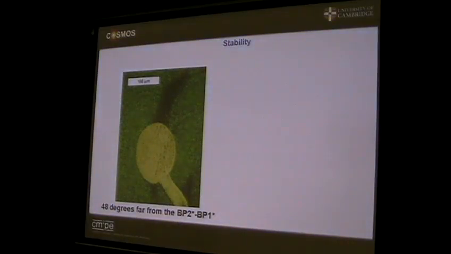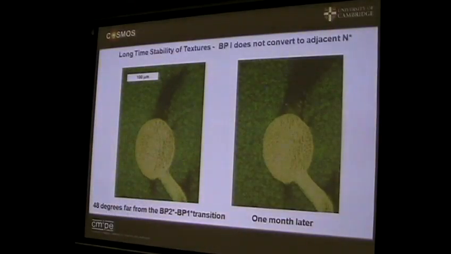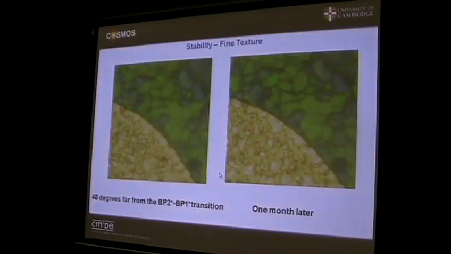Blue phase is fragile unless it's stabilized. This is the natural material where we induced a small amount of cholesteric phase and the blue phase next to it. That's 45 degrees, 48 degrees below the transition. To show you the stability of the texture, that's 1 month later. It hasn't altered, and this would be a system that we have used in the laser.